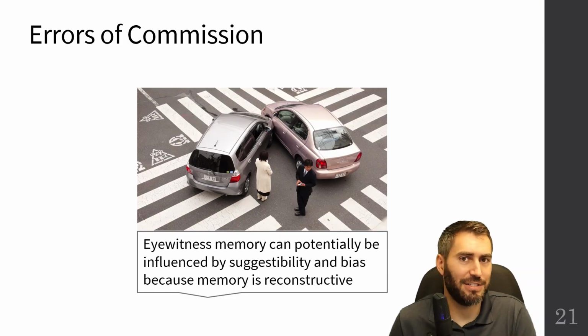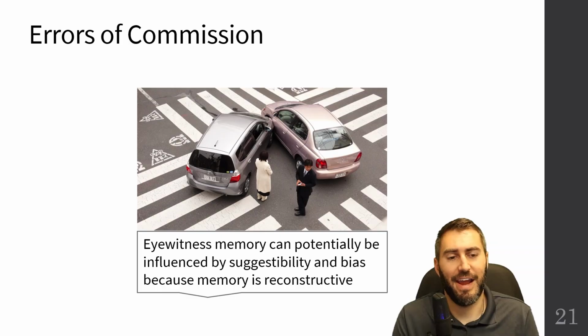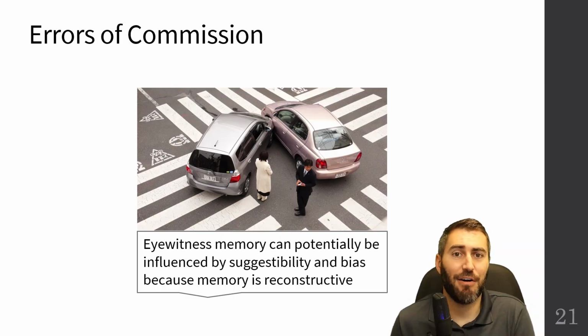A particular study done by Elizabeth Loftus presented participants with a video of a car crash, the same car crash for all participants. Some participants were asked how fast the cars were going when they bumped into each other, or when they hit each other. Other participants were asked how fast the cars were going when they smashed into each other.